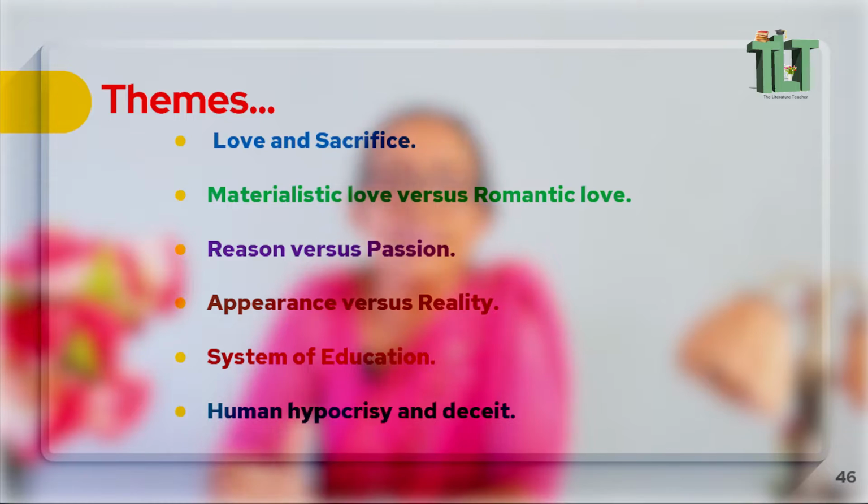She has materialistic love, where romantic love is with the Nightingale, right? And even we know that the young student does not have romantic love, but the story deals with it. Reason versus passion.